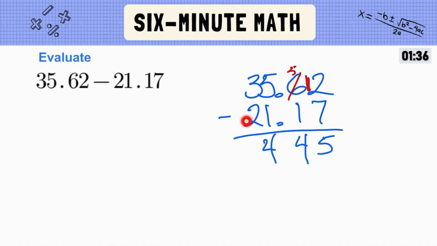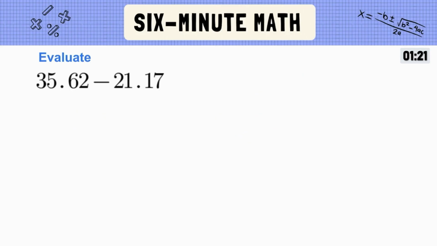And 3 minus 2 is 1. And then that decimal drops into the place for a final answer of 14.45.